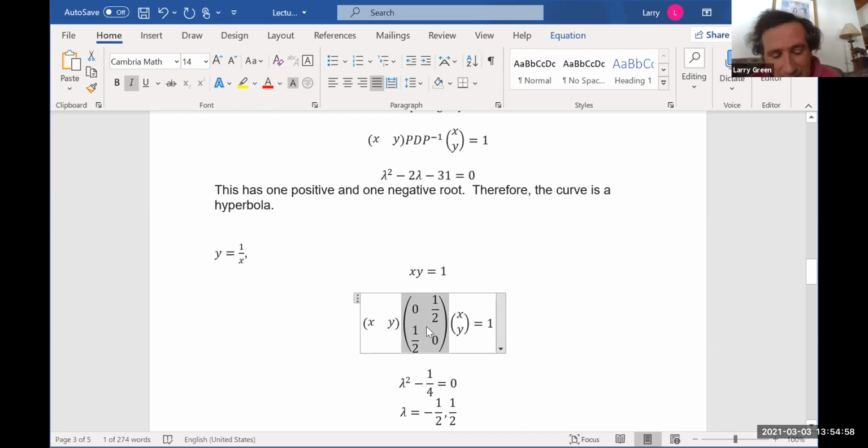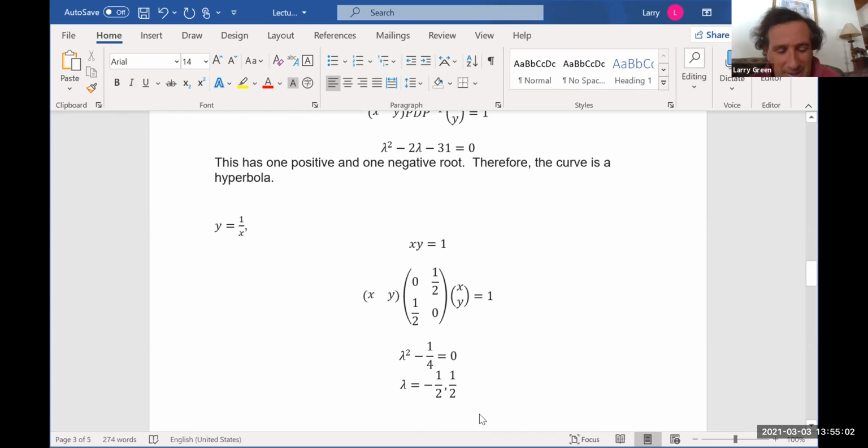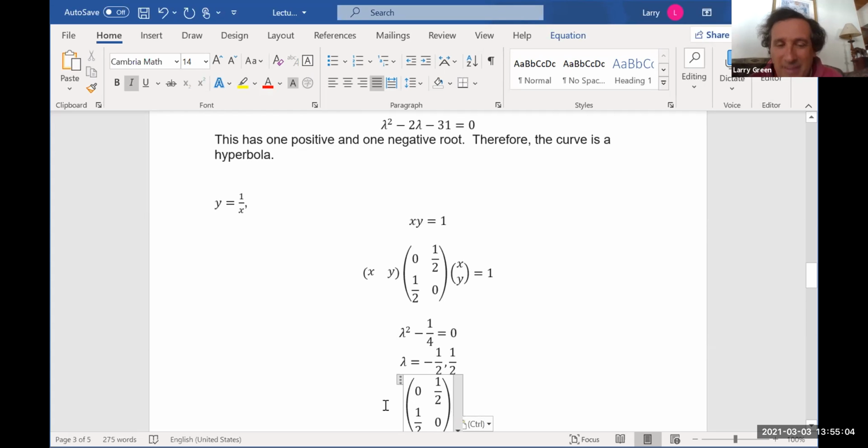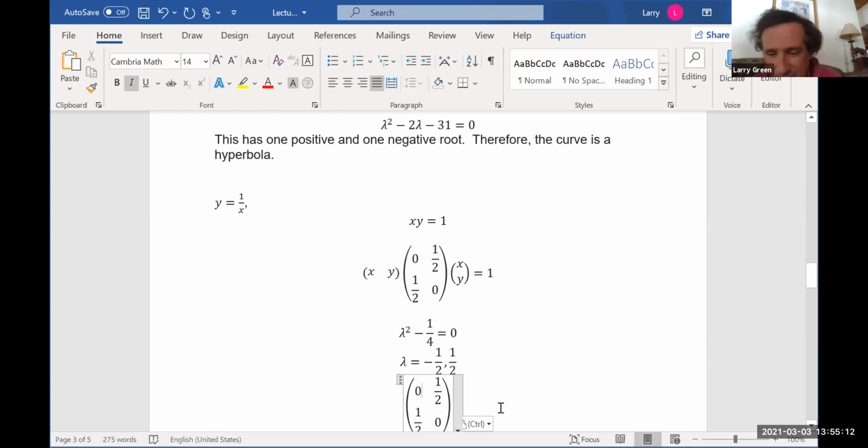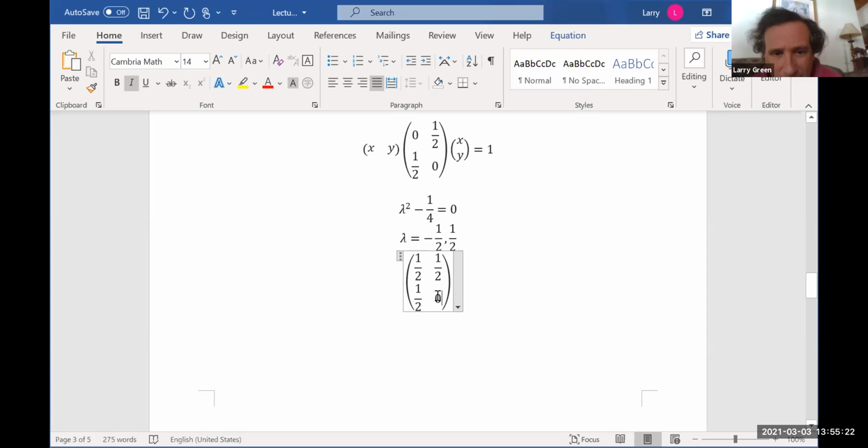So now let's start with the negative 1/2. It's nice and beautiful. If I subtract negative 1/2 I, what do I get? 1/2. Yeah, I get 1/2 everywhere, right? Okay.